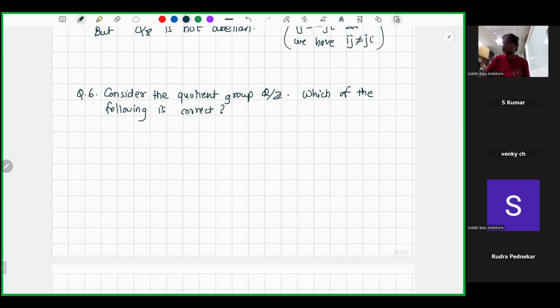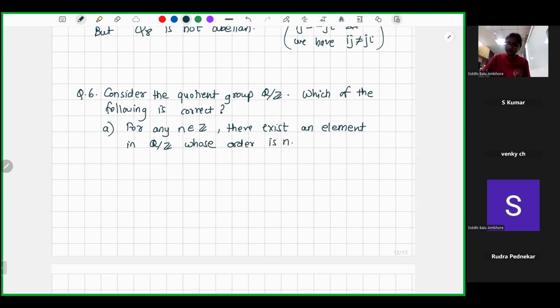First, A: for any n in Z, there exists an element in Q/Z, again this quotient, whose order is n.